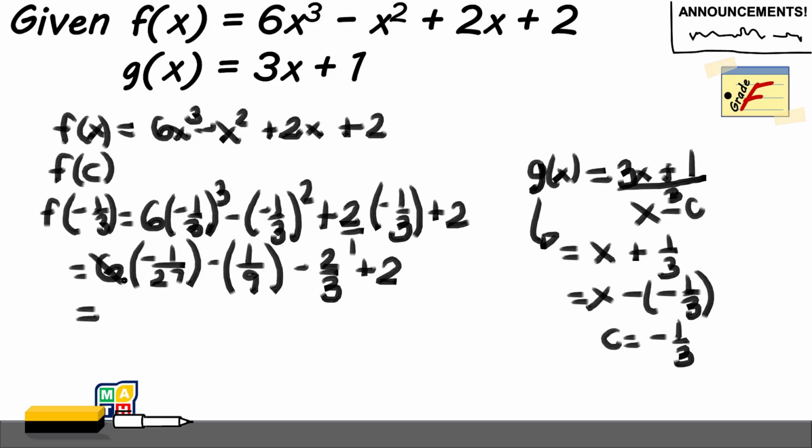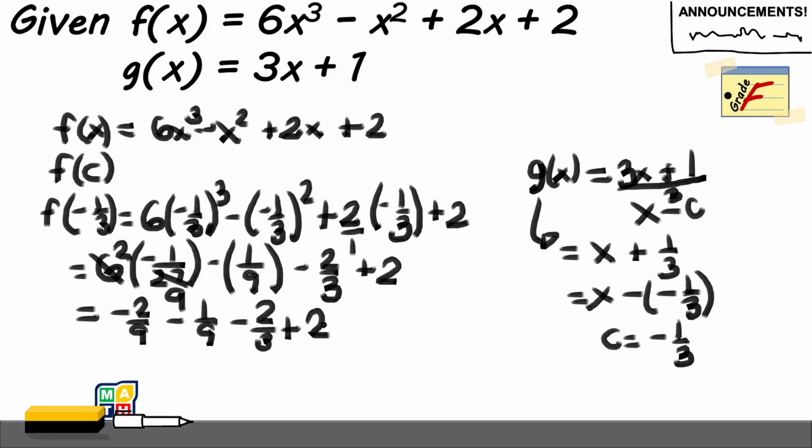Since 6 and 27 have a factor of 3, we have here 2 and we have here 9, because 6 is 3 times 2, 27 is 3 times 9, and cancel that out. So we have 2 times negative 1, that's negative 2 over 9, to be followed with minus 1 over 9, minus 2/3 and plus 2.